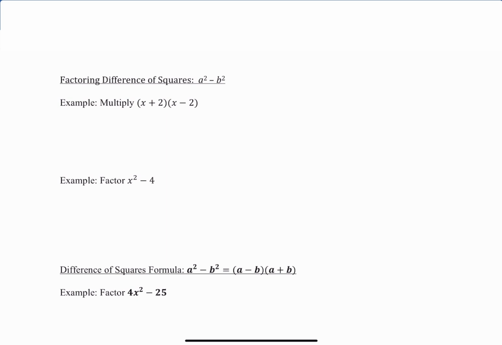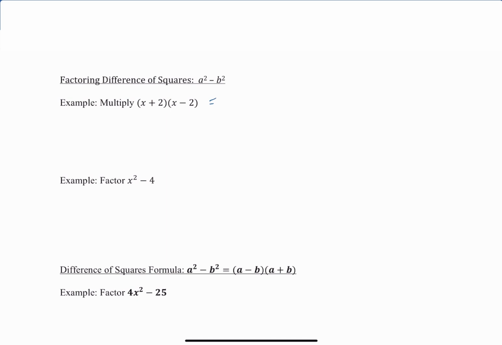And as usual, since factoring is the opposite of multiplication, I'm going to lead into this by looking at an example multiplication problem. So suppose we need to multiply x plus 2 times x minus 2.